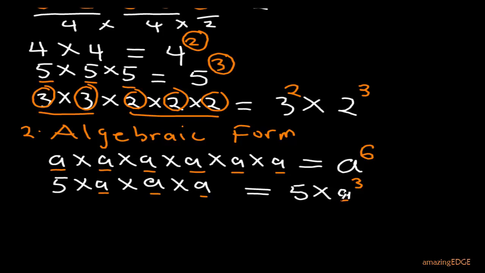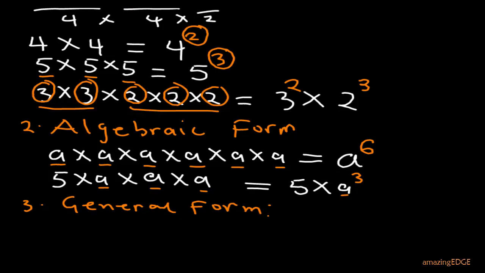So we might look at a general form of this. Supposing we look at the general form, let's see how it will look like. We try to generalize what we have said and call it a general form. Supposing we have something of this nature, let's say y raised to power n. N is the power or the index.